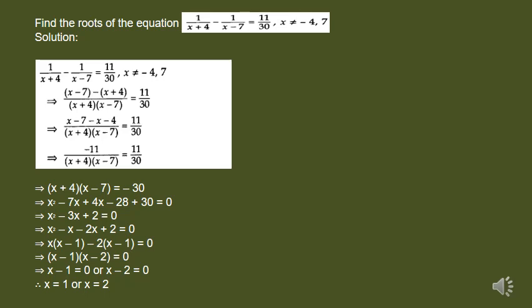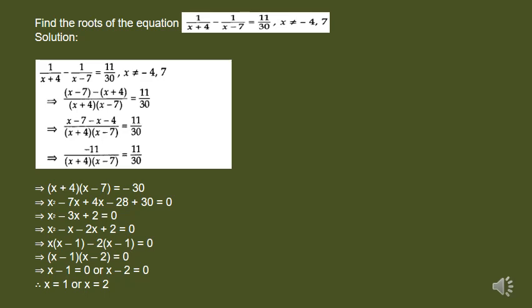After solving this equation, we get x plus 4 into x minus 7 equal to minus 30. So x square minus 7x plus 4x minus 28 plus 30 equal to 0. After simplifying, we get the quadratic equation x square minus 3x plus 2 equal to 0.